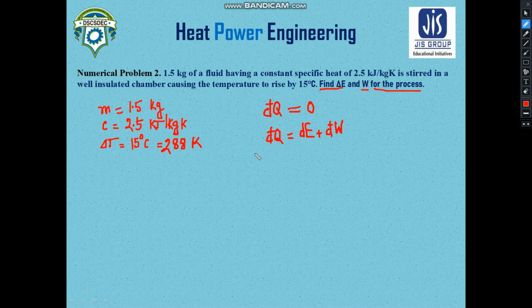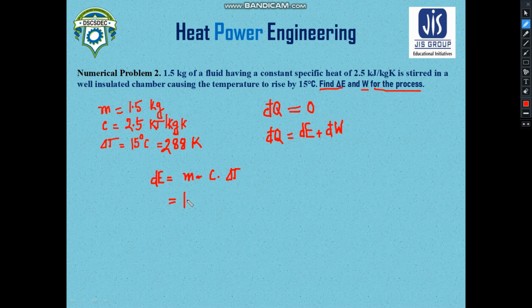Very simple thing. The intermolecular energy is getting increased because of the stirring action. Since the intermolecular energy is increased, we can write this dE as mass times specific heat times the increase in temperature.